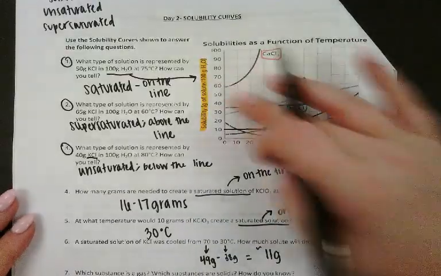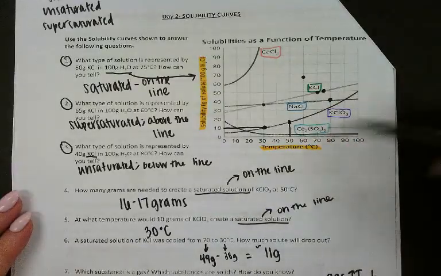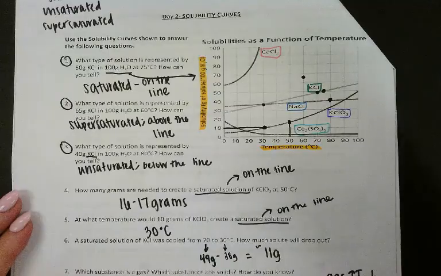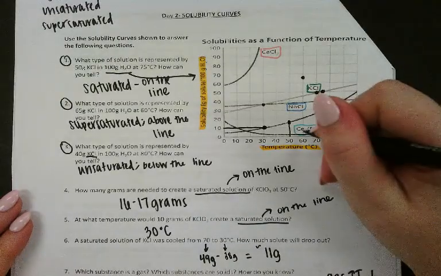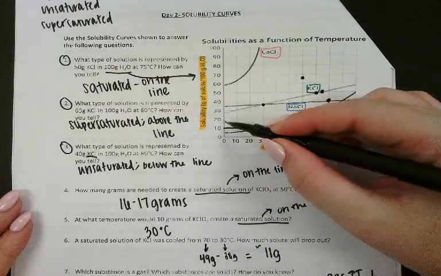So if you notice here on our solubility curve, every single one of our curves besides one, as you increase the temperature, the solubility increases. Ce2, cesium sulfate, however, does not. It's going the opposite way. You can see as my temperature increases, my solubility decreases.